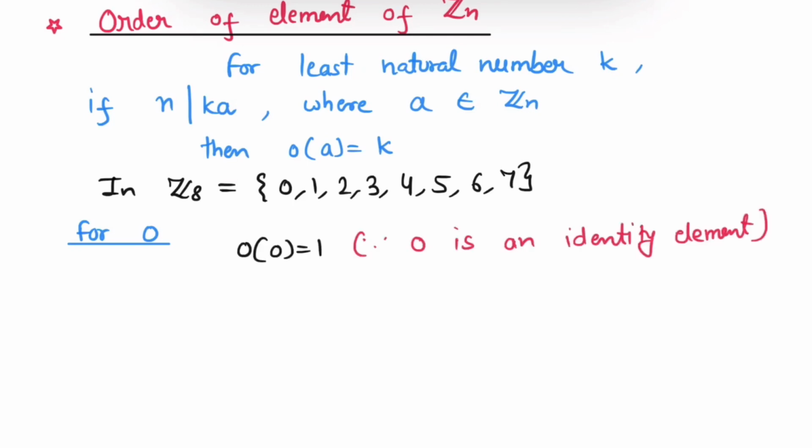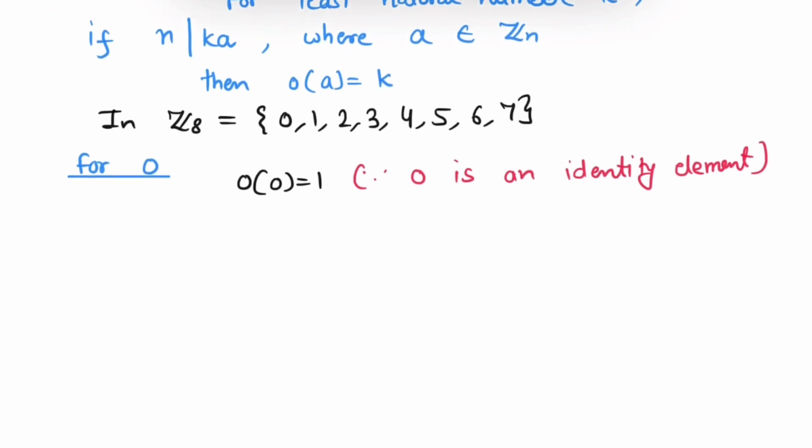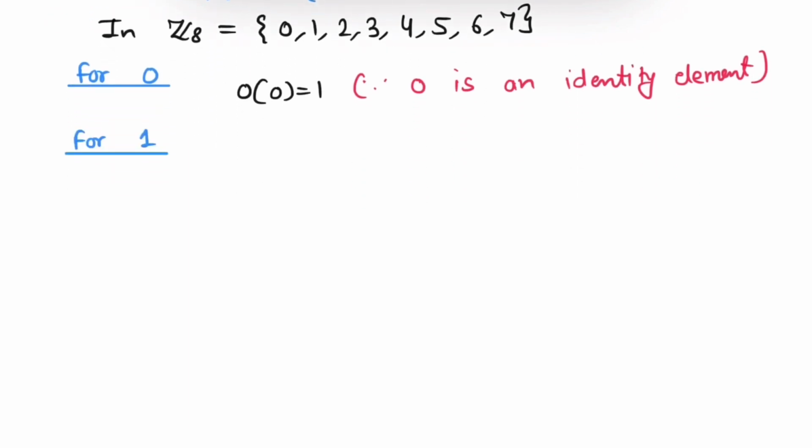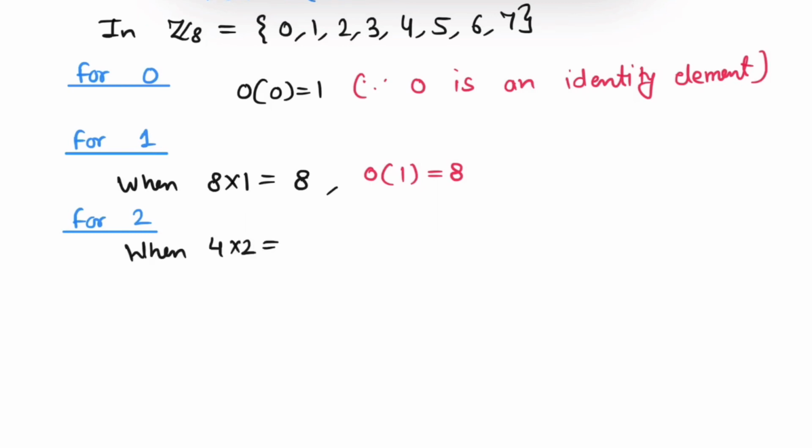For element 1, when 8 is multiplied by 1, this equals 8, and 8 is divisible by 8, hence the order of 1 is 8. For element 2, when 4 is multiplied by 2, this equals 8, and 8 is divisible by 8, hence the order of 2 is 4.